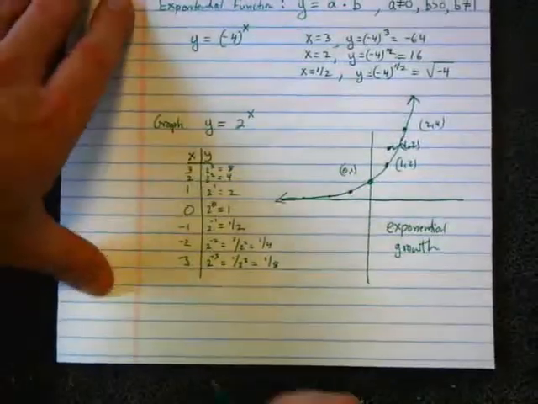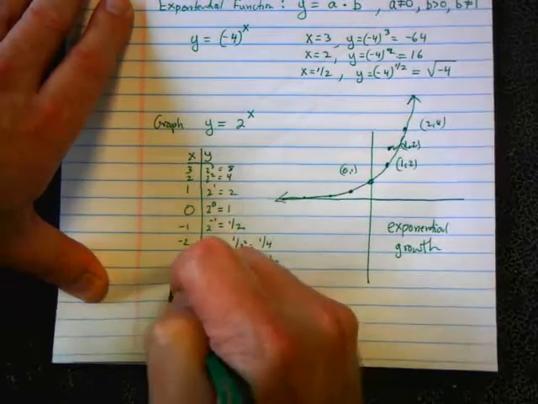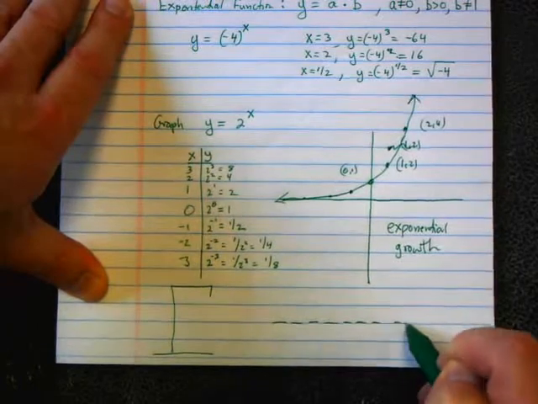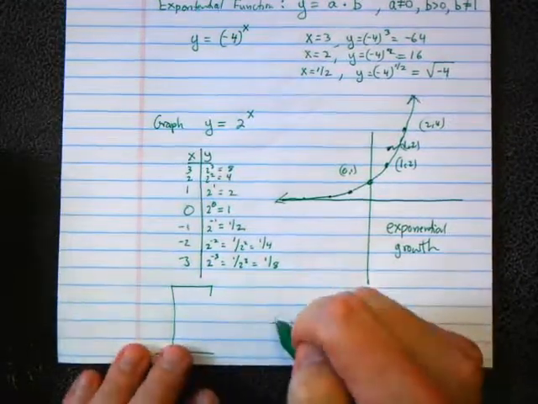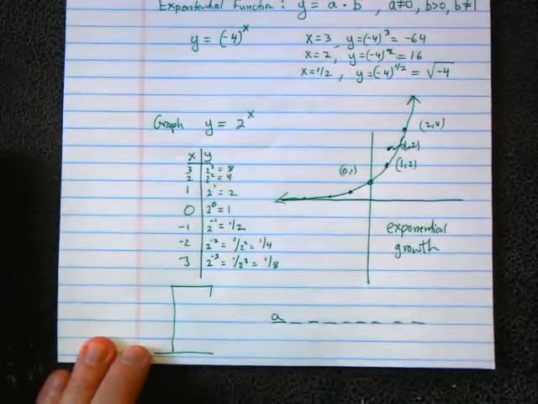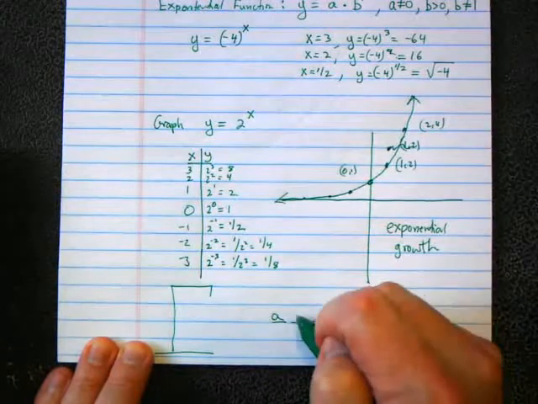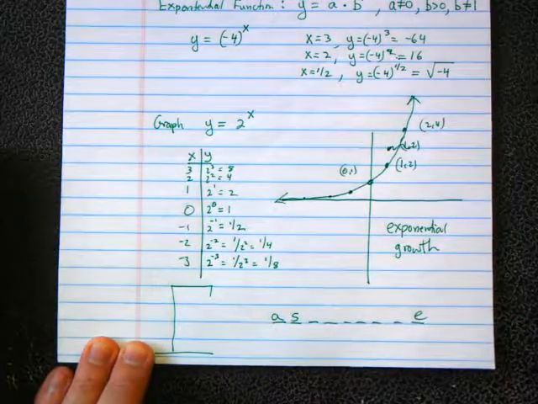Hangman. I want A. E? I want S. Assumption? No.